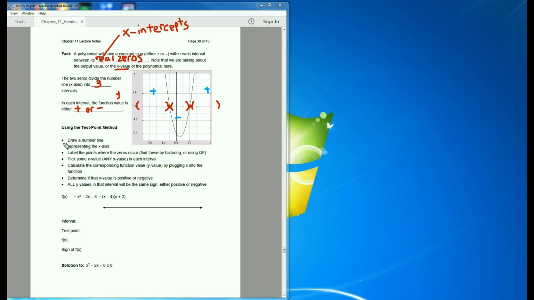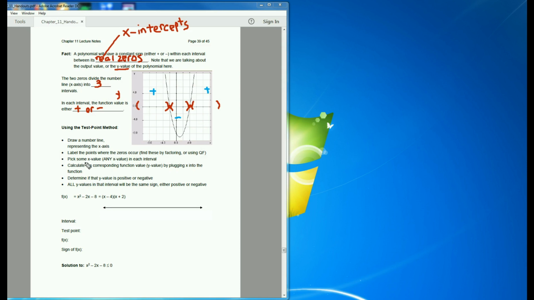We're going to draw a number line, and that number line is going to represent the x-axis of the plot of the function. We're going to label the points where the zeros occur, and we're going to find those. You can find them by factoring, or you can use the quadratic formula.